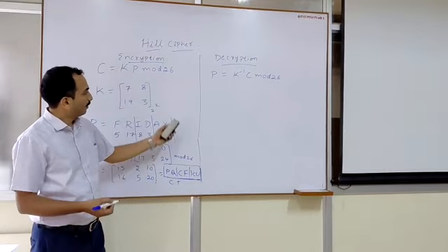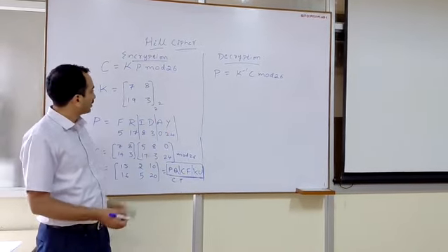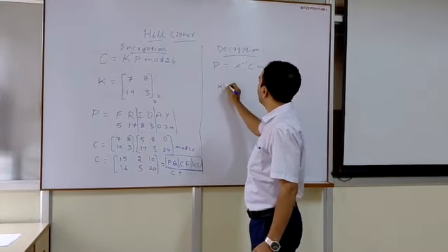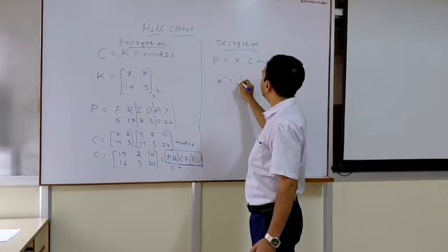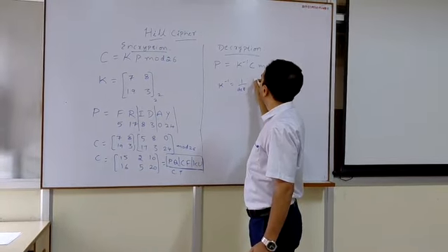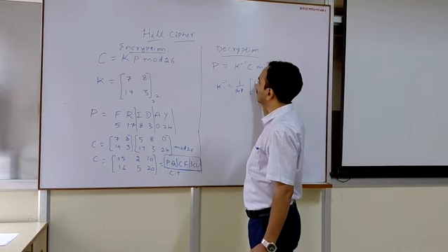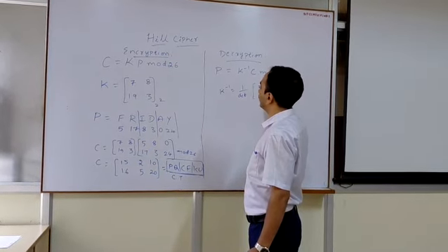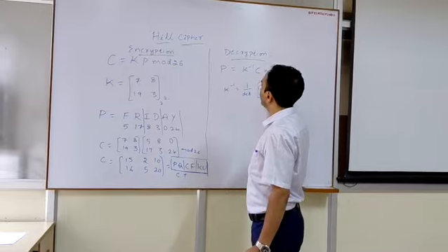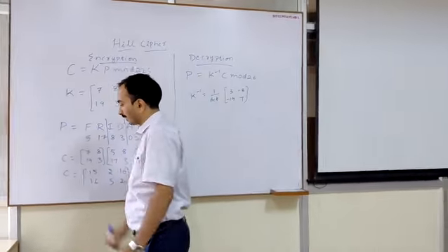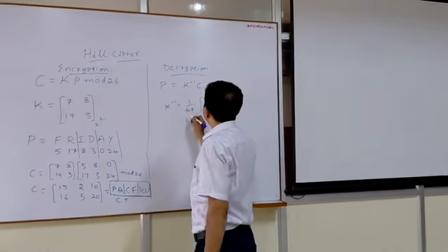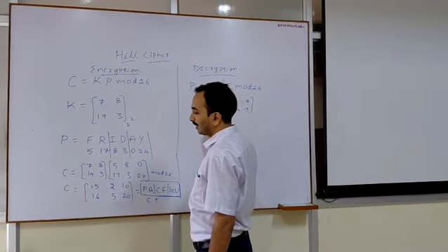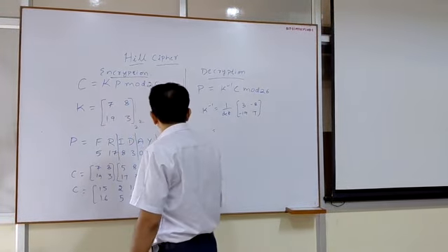There is some computation involved in computing the multiplicative inverse of the matrix K. Let us quickly check how to find it. For K inverse, we need the determinant of the matrix, and the adjugate is 3, minus 8, minus 19, 7. The determinant is 7 into 3 minus 19 into 8.